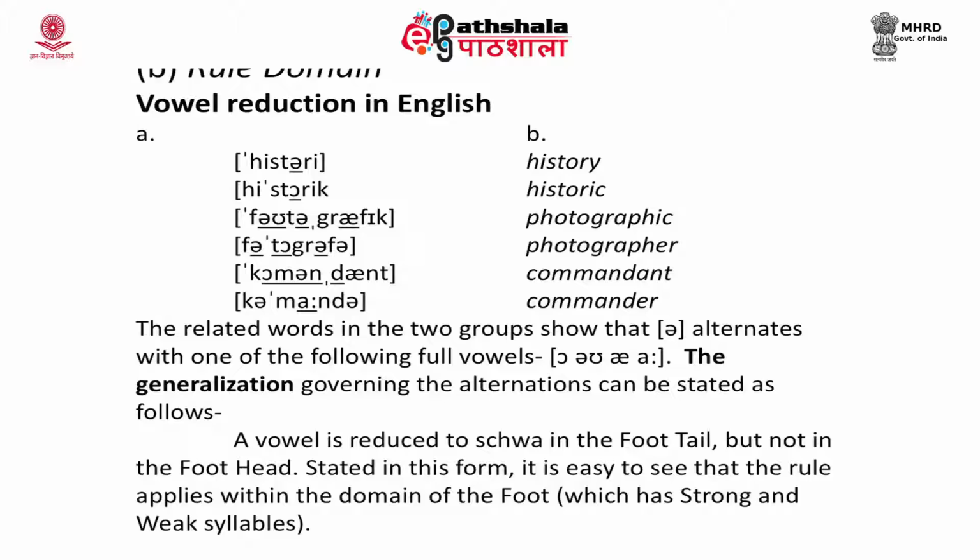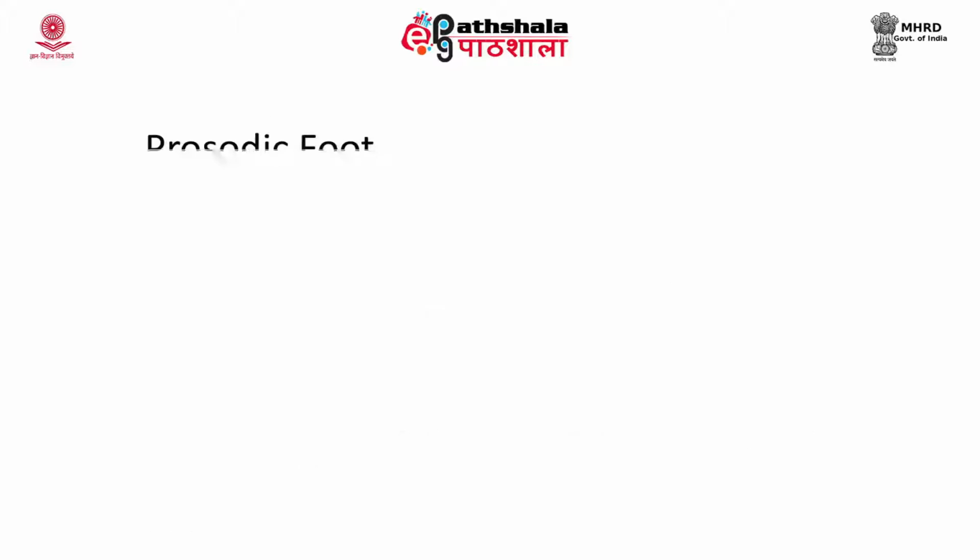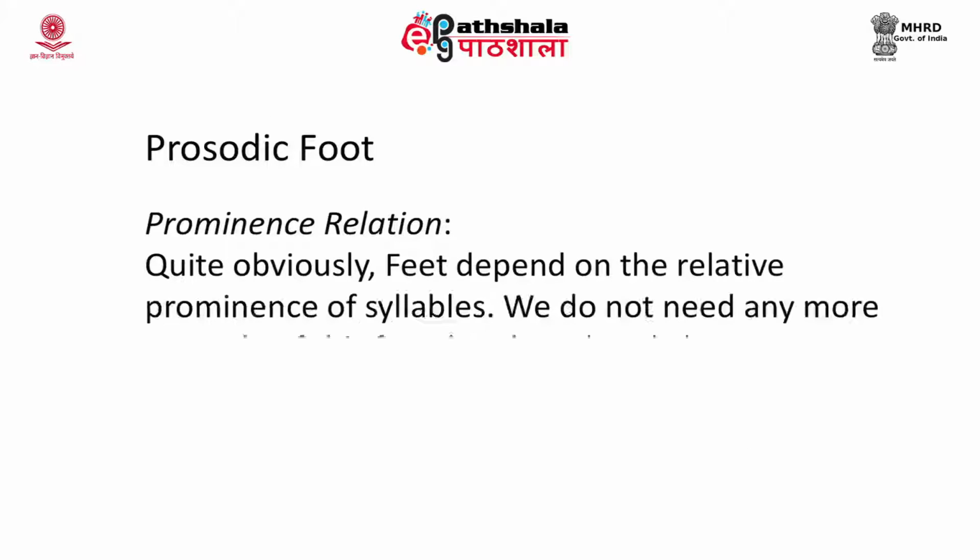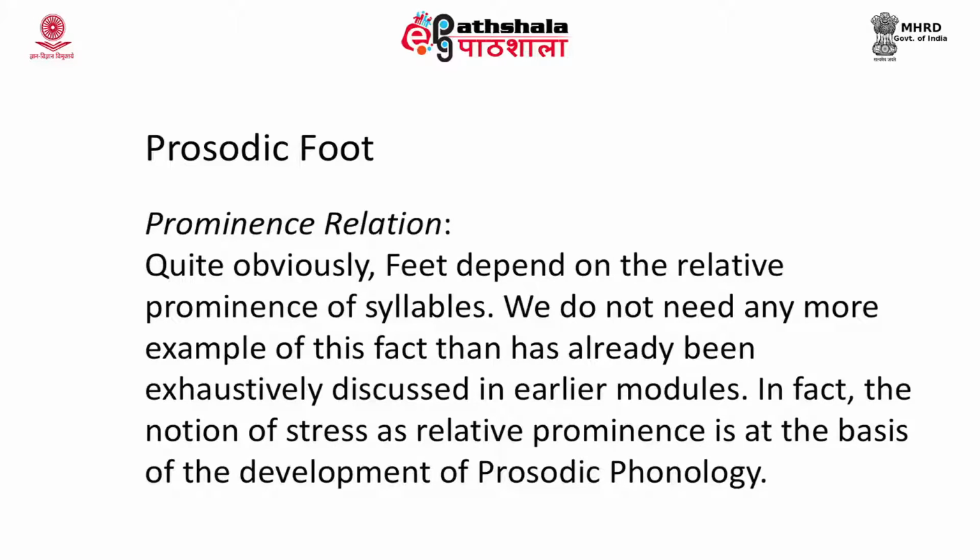Now these words are related, and what we notice is that there is an alternation between a full vowel and a schwa in all these. Now the explanation for this alternation is that the schwa always occurs in a syllable that is unstressed. We also consider unstressed syllables to be the tail of the foot and the stressed syllable to be the head of the foot.